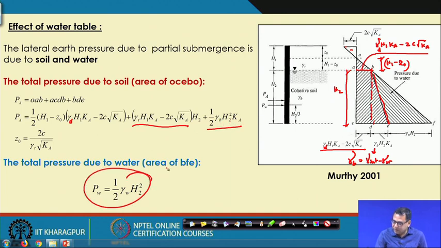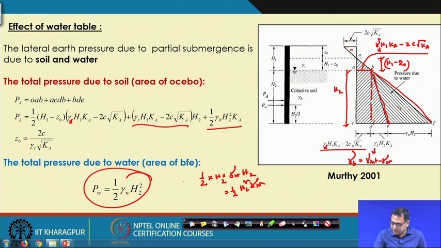For the water one, this is the third triangle whose height is H2, so it is half into H2 into gamma W into H2. This will give you half into H2 square gamma W.